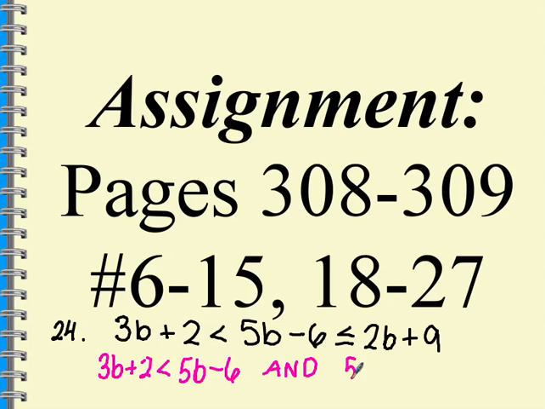So that will be 5b minus 6 is less than or equal to 2b plus 9. That's what you're going to need to do on those ones if they have a variable on all three parts. Okay, so I need you to go ahead and work on that.